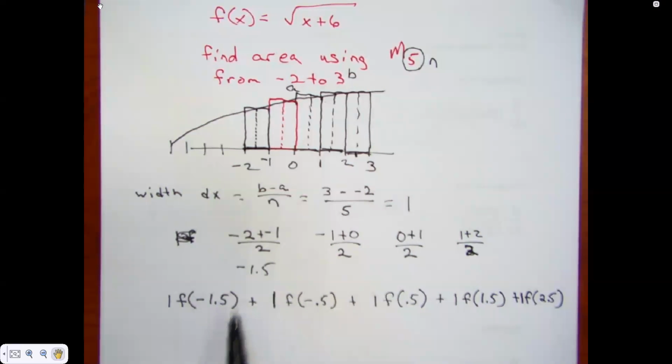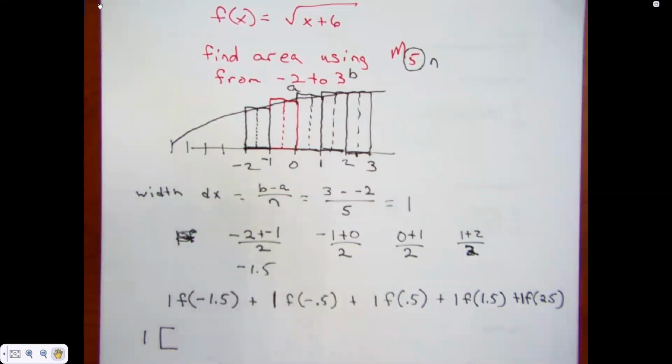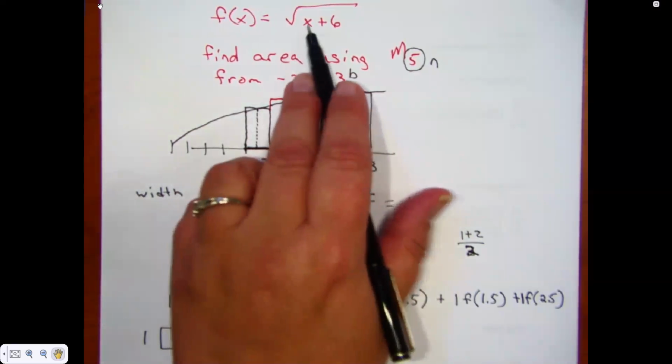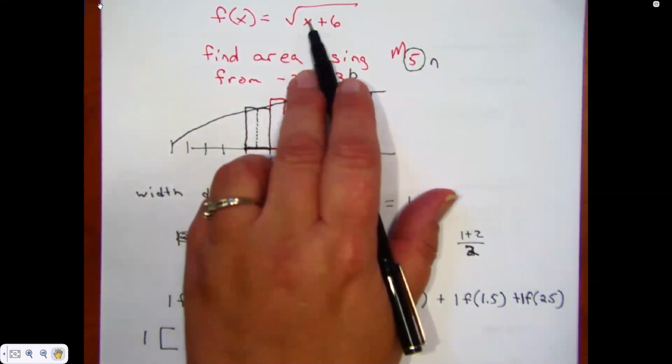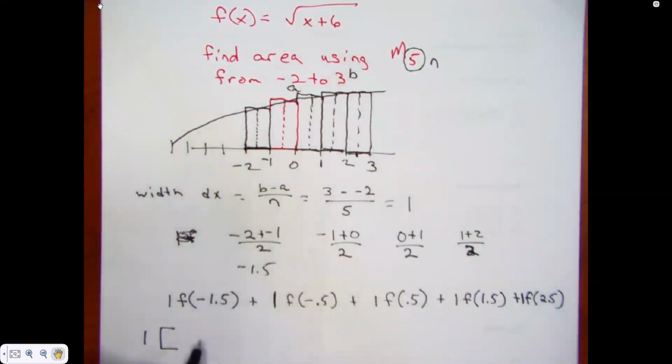Now, how do I get the ones I don't have to worry about? If I want to factor it out, especially if it's any other number, that's fine. How do I do f of negative 1.5? I literally put negative 1.5 in there. So that gives us what? Oh, I don't need that because I'm putting it in. I actually know the square root, right? The square root of 4.5.